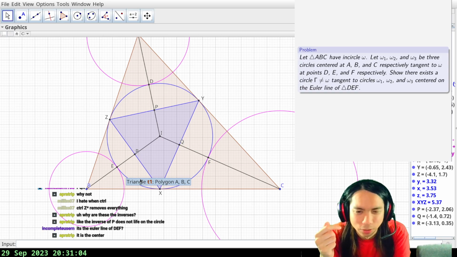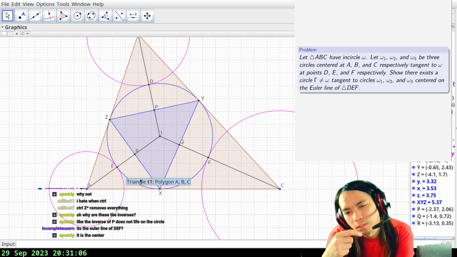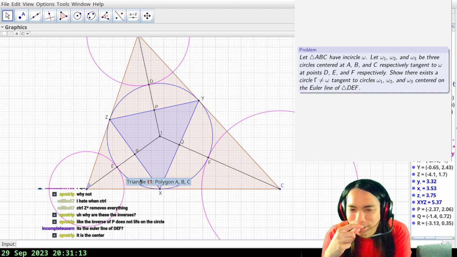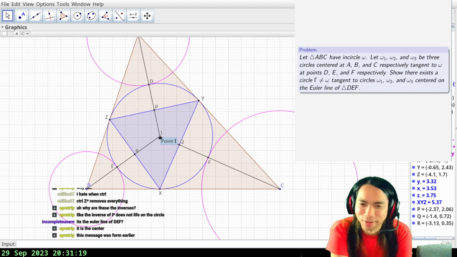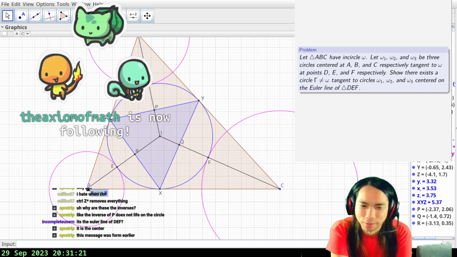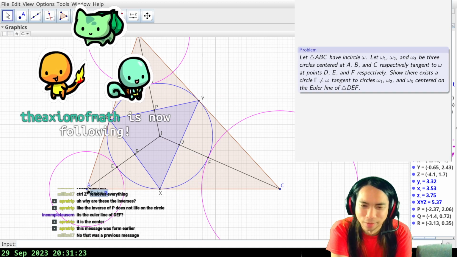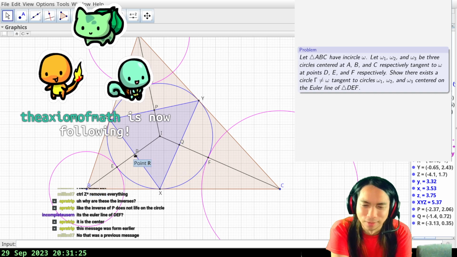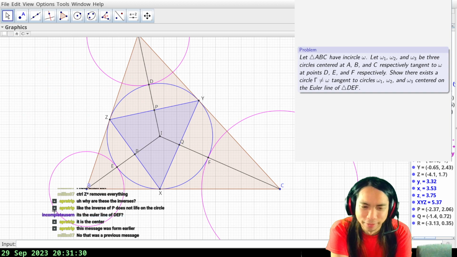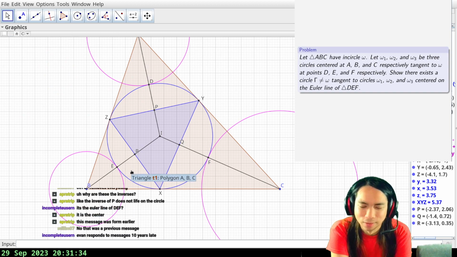Is it the center? Wait, it is the center? Hang on, really? Like, okay, if I take 0, 1, X, 1 over X, the antipode here is like 2 over X minus 1.